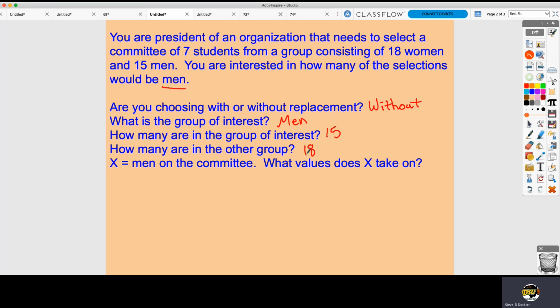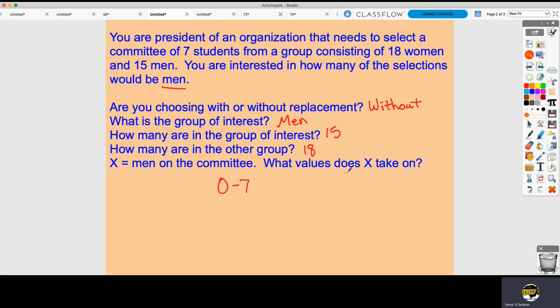What values does X take on? Men on the committee. So, in other words, what are the possible numbers that we could have for men on the committee? 1 through 7? 0 through 7.